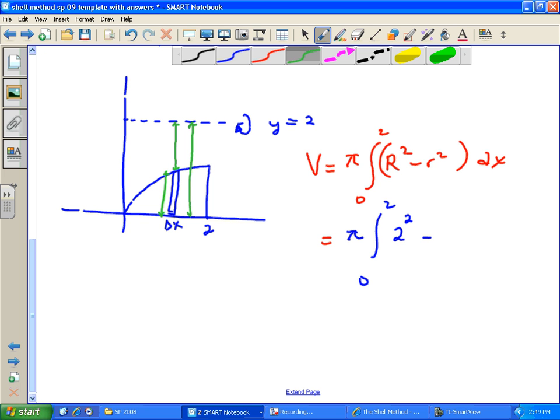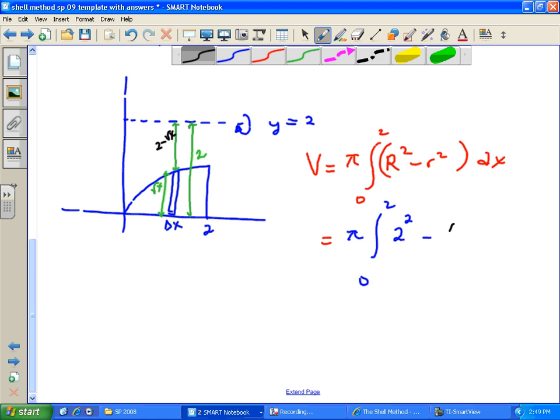So if the first one was 2 units, this one is root x units. The one that we're looking for is 2 minus root x, and that is what needs to be squared as our inner radius.